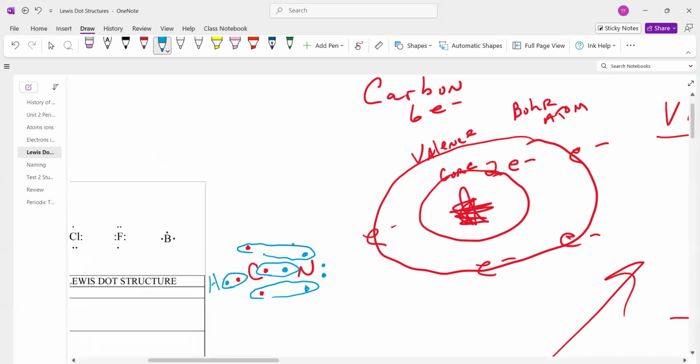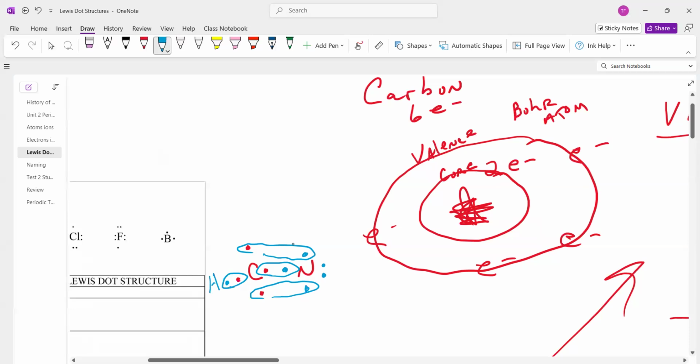So now carbon has four bonds. Nitrogen has three bonds. No singleton electrons left over. So this is hydrocyanic acid. Extremely toxic. And very stable. Why is it stable? All the singletons are used up. Sometimes you have to use singletons in cases where we have a double or triple bond.